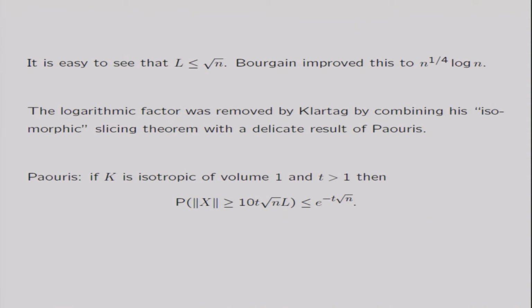And Paouris says if you go a fair bit further, say a multiple of root n L, then not much is left. So it's in the same spirit as a deviation inequality. If you go out about root n L, you pick up about half the mass, and you go twice as far, 3 times as far, the mass really does drop off rapidly. Okay? So it's in the same spirit, but it's not the same statement. I mean, it's definitely a weaker statement.